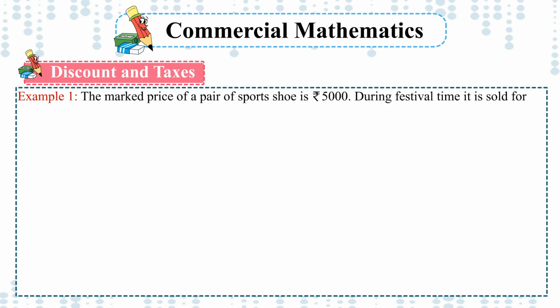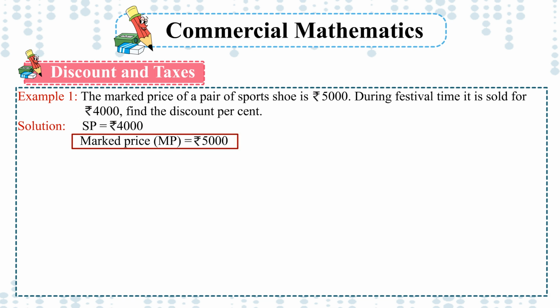Example 1. The marked price of a pair of sports shoes is ₹5,000. During festival time it is sold for ₹4,000. Find the discount percent. Solution: SP is equal to ₹4,000. Marked price MP is equal to ₹5,000.